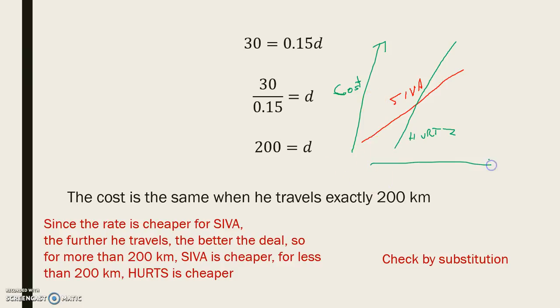And this is your distance, so kilometres. Bit of a rough graph, but as we go further to the left, the Hertz one has a lower cost. As you go past that point, that's our 200 kilometres there, to the right, Hertz is more expensive than SEVA, and that's what that information tells us. That's what we just found, that point of intersection.